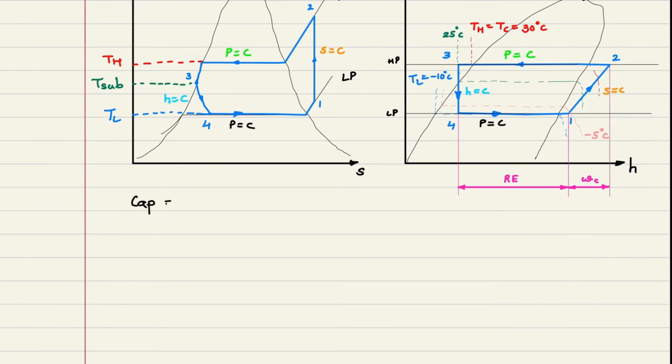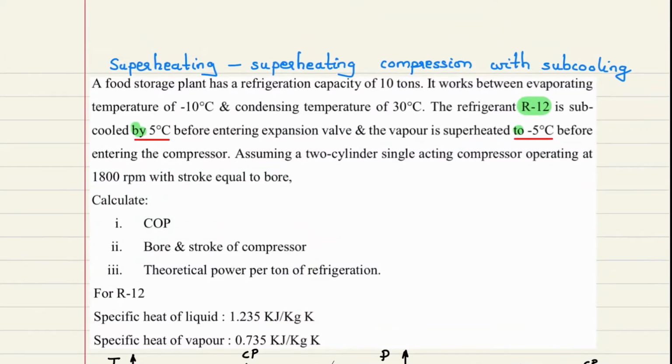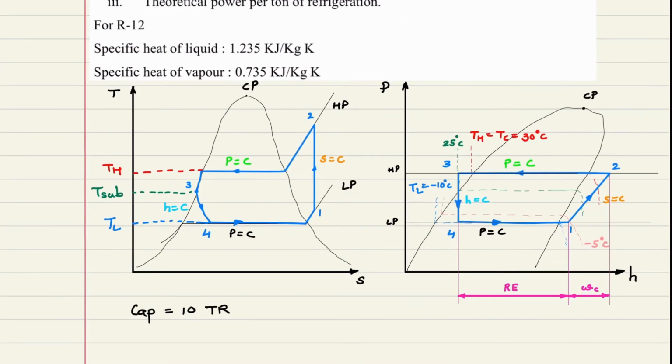Capacity is equal to 10 TR. It works between an evaporating temperature of minus 10 degrees Celsius, so T low is minus 10, and a condensing temperature of 30 degrees Celsius. So here you can see the pH chart and TS diagram.